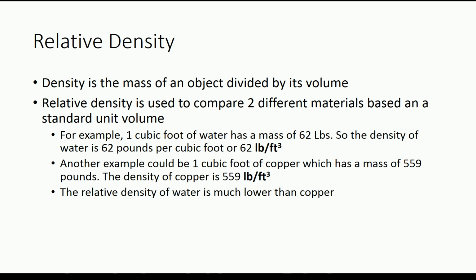Now we're going to go on. Now that we've established what is mass, okay, that mass is the amount of matter in something, we're going to go on to something called relative density. Okay? So relative density is the mass of the object divided by its volume. So let's just say I have a piece of 2x4, this big, and I have a piece of steel, just the same size, and I have a piece of styrofoam, just the same size.